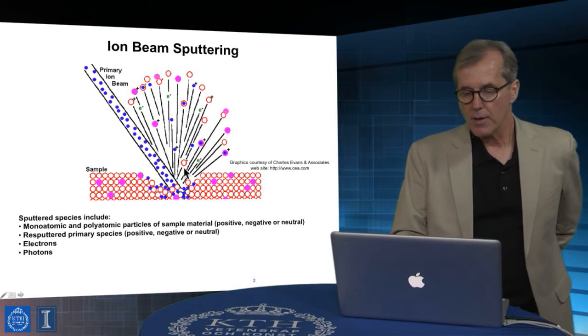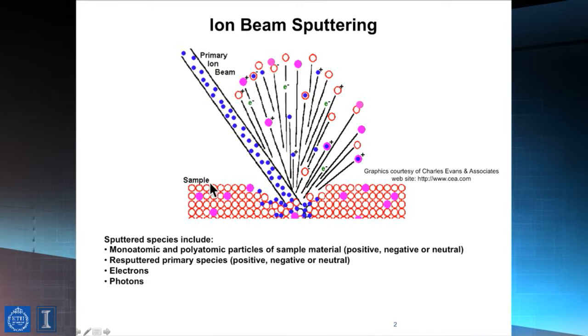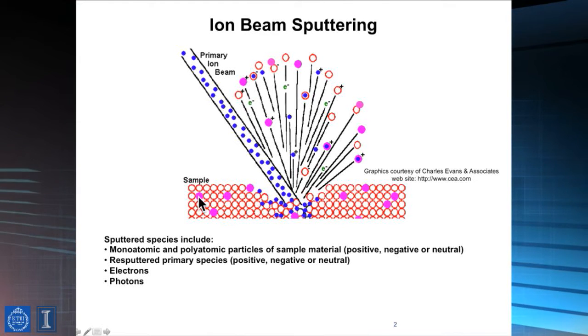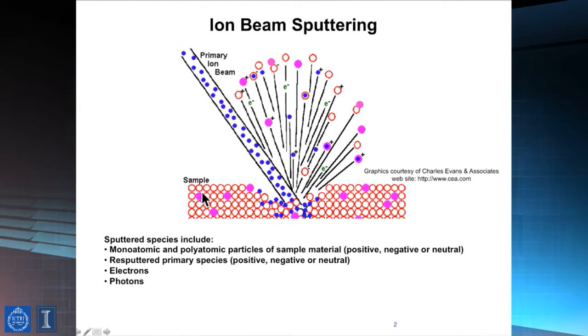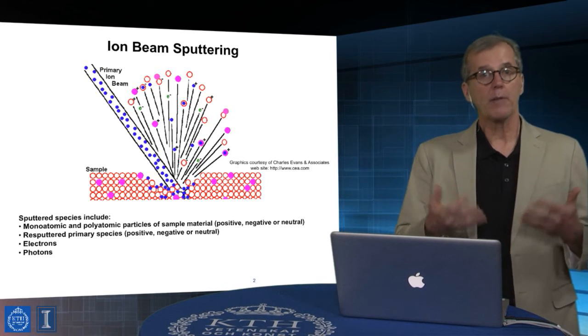Now, one other part that's actually interesting here: if you look in the part of the sample which has not experienced beam exposure, the way this is depicted schematically is to show that we have in fact some characteristic distribution of the open circles and the filled circles that might illustrate compositional heterogeneity. In regions where the ion impacts are occurring, as we mentioned in the earlier lecture, we in fact move atoms around.